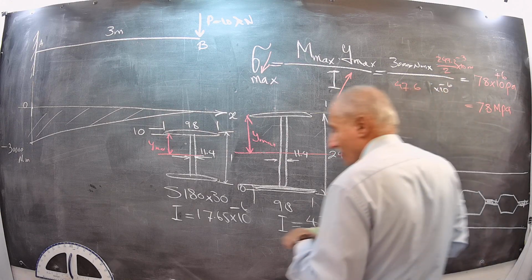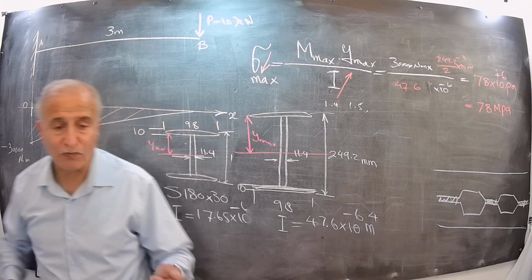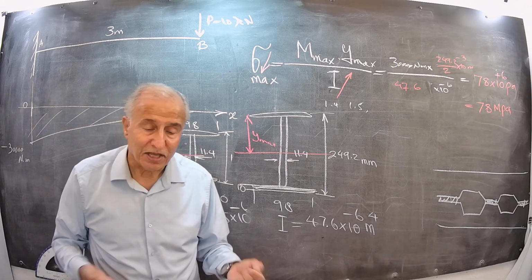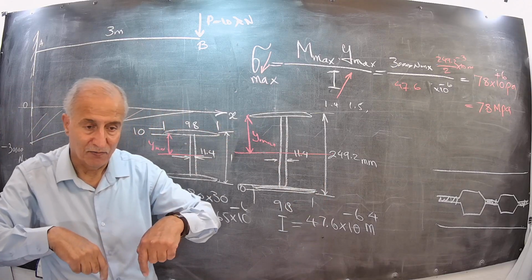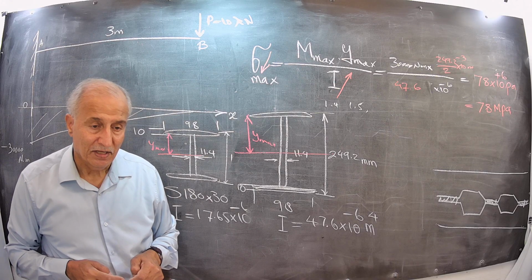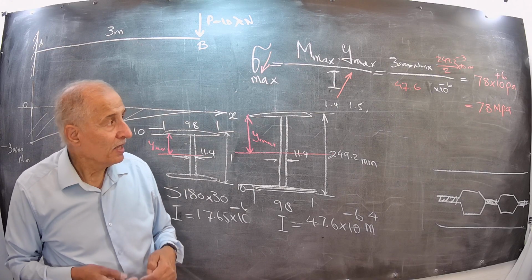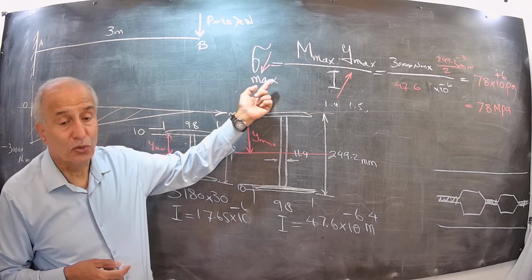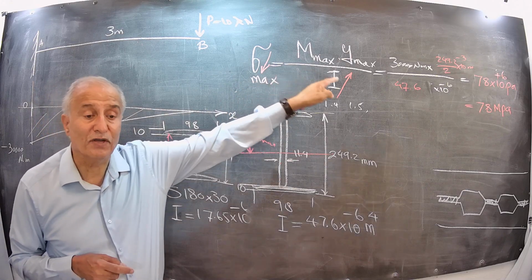What happened? Stress before was 150 megapascal. Then I reduce it 1.9 times to 78 megapascal. In other words, I can use a larger load on this beam to reach 150.